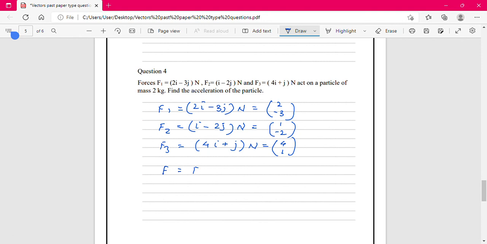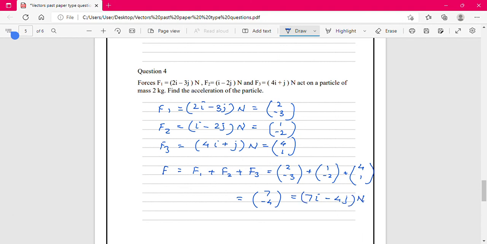So that will be F1 plus F2 plus F3, which is (2, -3) plus (1, -2) plus (4, 1). That is 2 plus 1 plus 4, which is 7, and minus 3 minus 2 plus 1, that is negative 4. So the resultant force is 7i minus 4j newtons.